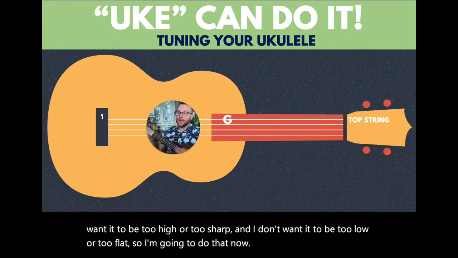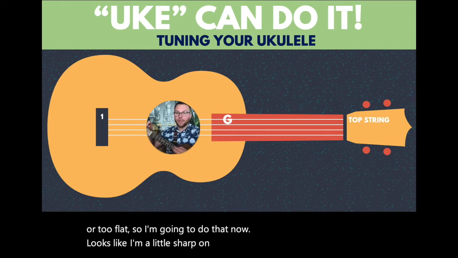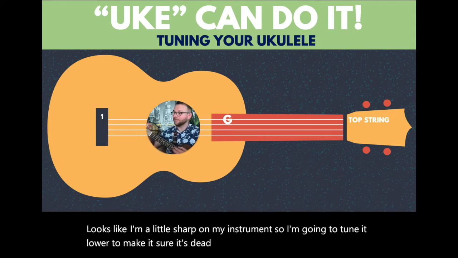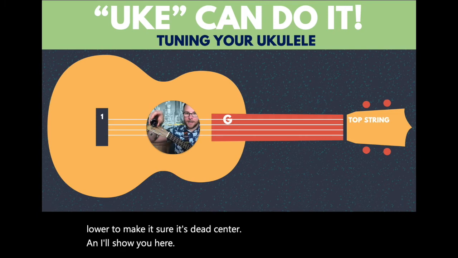Looks like I'm a little sharp on my instrument, so I'm going to tune it lower to make sure it's dead center. And I'll show you here, dead center, which is awesome.